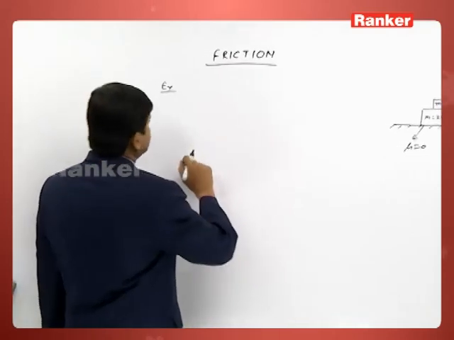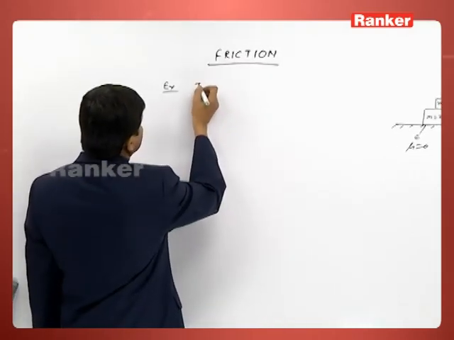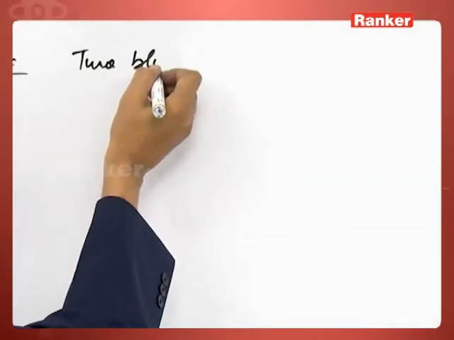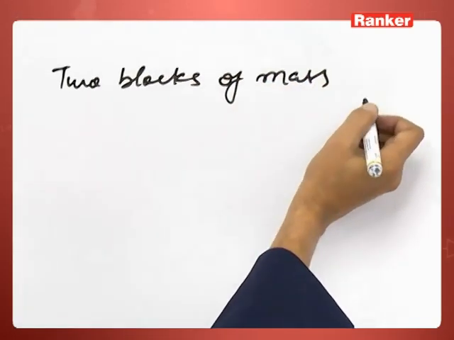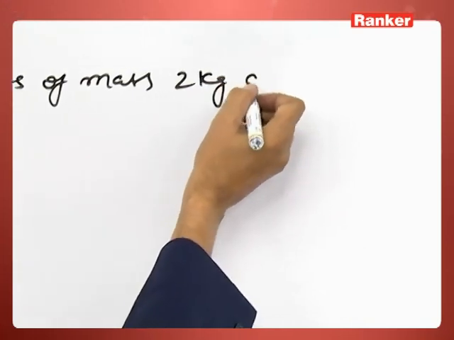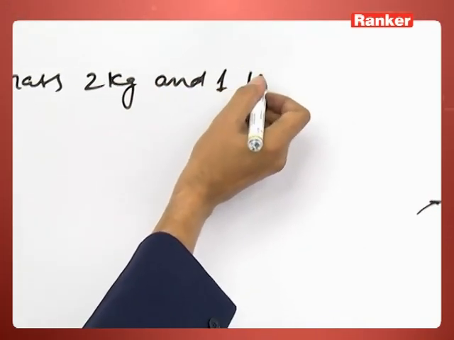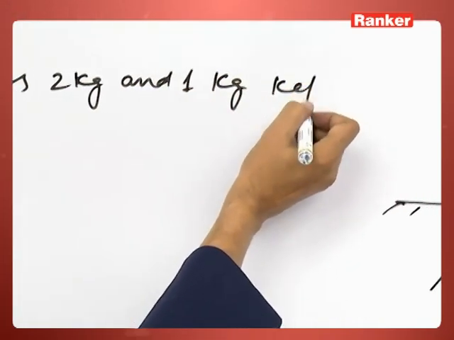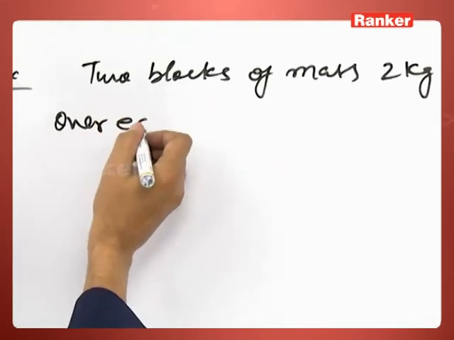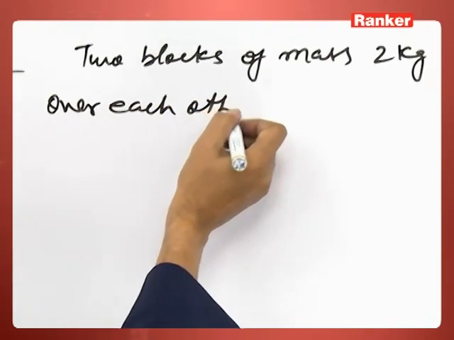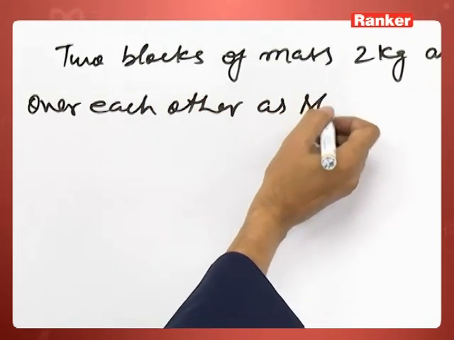So we can write it like that. Two blocks of mass 2 kg and 1 kg kept over each other as shown in the diagram.